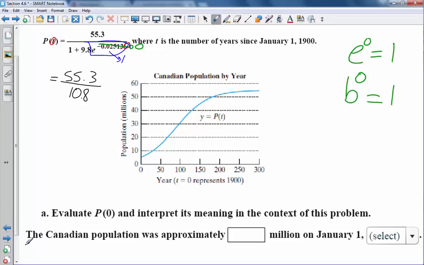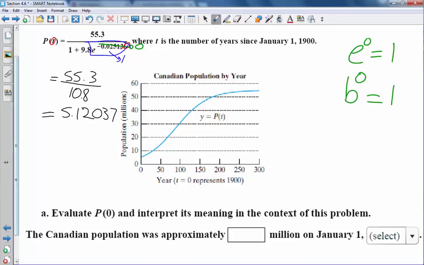Alright, at this point we need a calculator. 55.3 over 10.8 is, anyone? 5.12037.